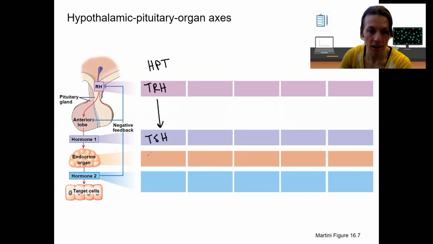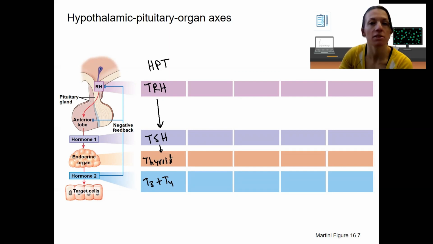Here we're going to name the endocrine gland that is targeted by TSH, the thyroid. The endocrine organ is going to release T3 and T4, the names of the thyroid hormones. Those are going to affect metabolism. We'll get into that in a later video.